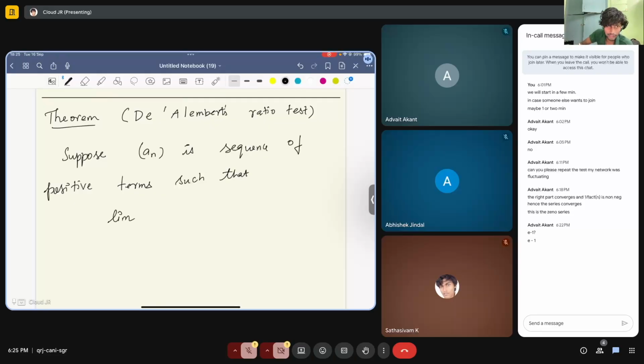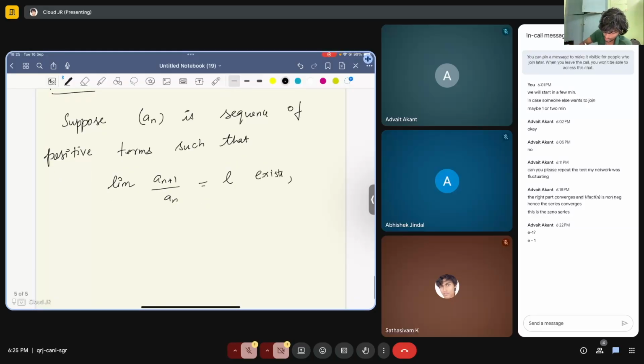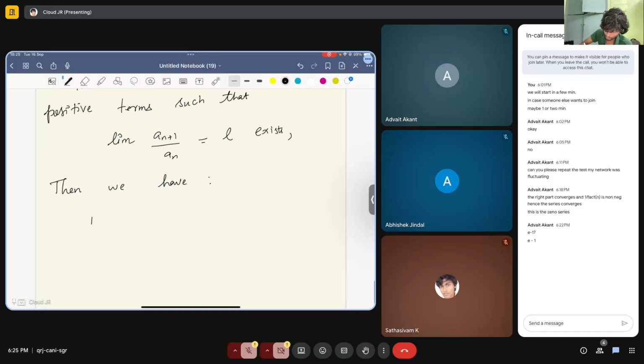You look at the limit of a_(n+1)/a_n. It's not necessary that this limit exists, but let's say this limit L exists, then we can conclude the following. If L is strictly less than 1, then your series converges.